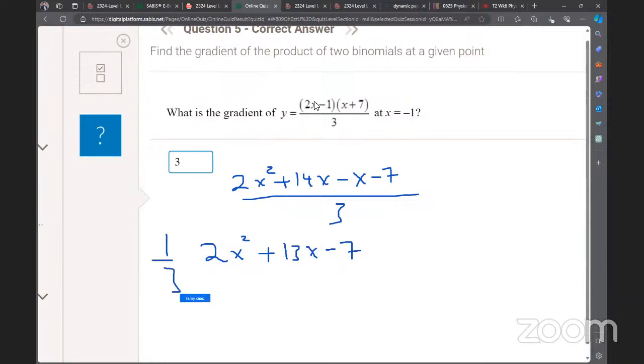I will take 1 over 3 outside and then do my simplifying.